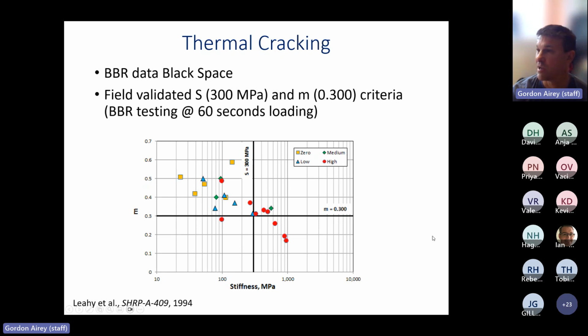And you can see in this diagram, we've got 0, medium, low, and high, and that refers to the observed field cracking of those particular sections of material. So if we look at the 0, we've got low stiffness, high M values in terms of those yellow squares. That's good. In terms of low, slightly lower M values and slightly higher stiffnesses, but still within that upper left-hand quadrant where the behavior is going to be good.